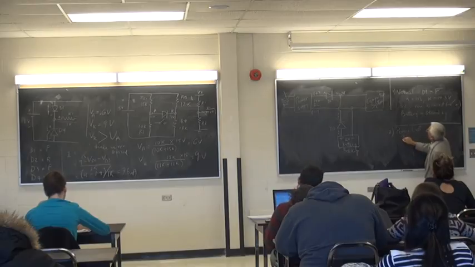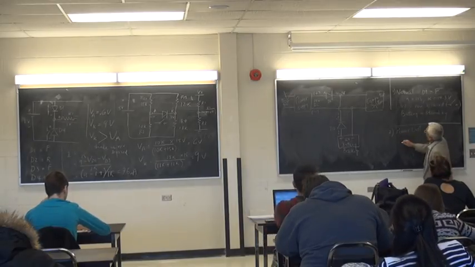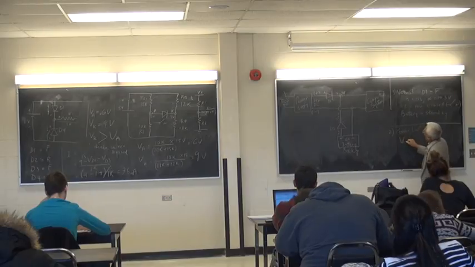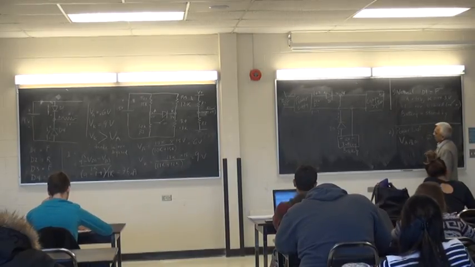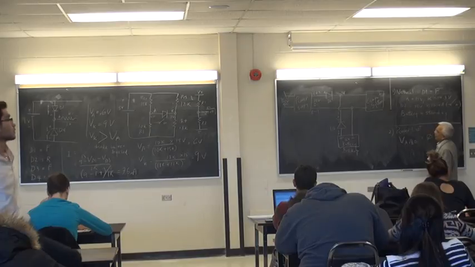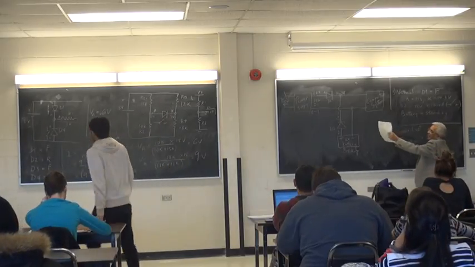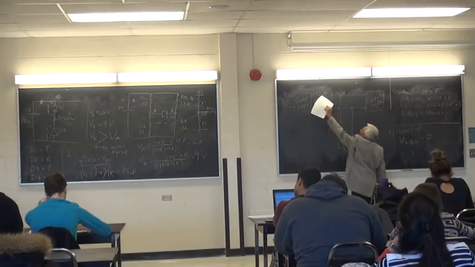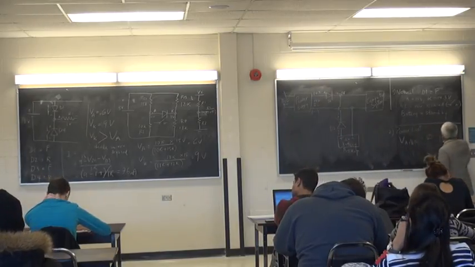So the voltage at the anode of D1 is 0. Okay? So therefore, with a voltage here of 0, this diode is basically going to be open.